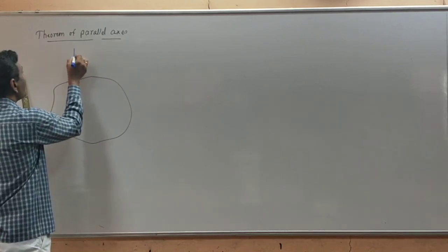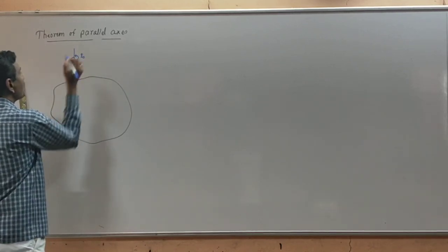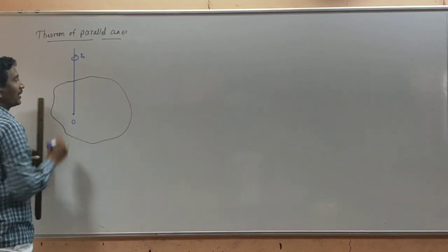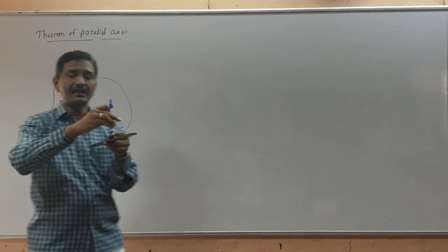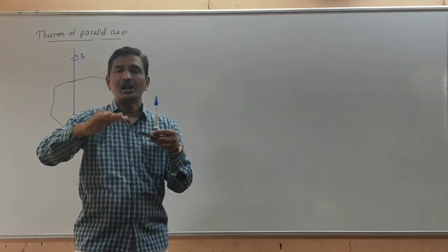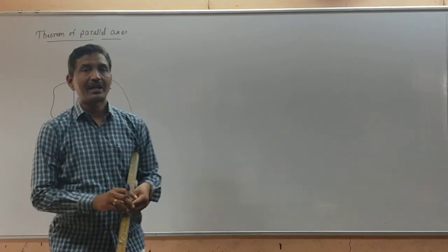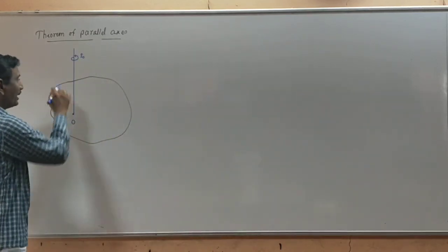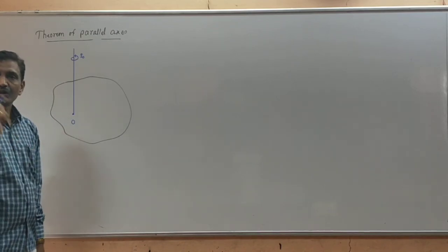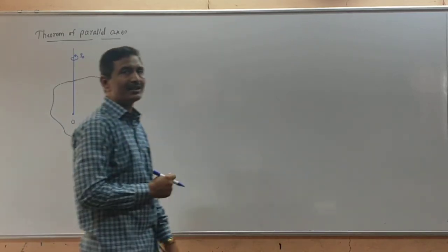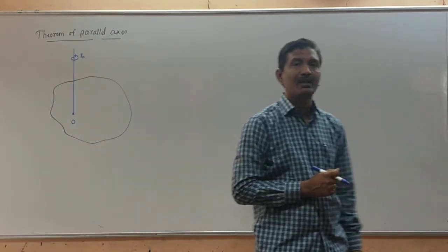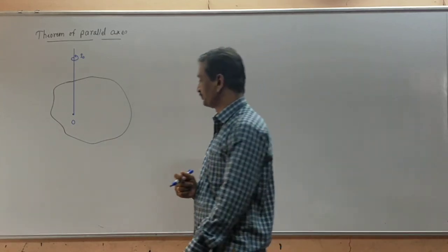Moment of inertia of this body about the axis is denoted by the letter I. This axis is perpendicular to the plane of the figure. So when the body rotates about this axis passing through the point O, its moment of inertia is denoted by I_O.